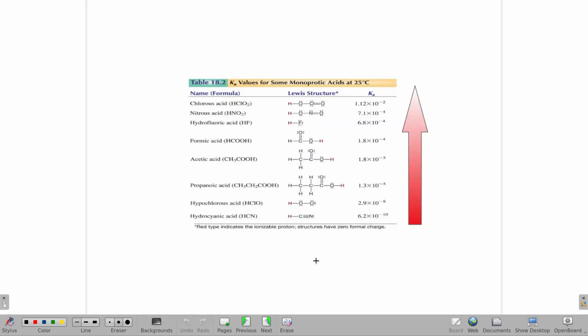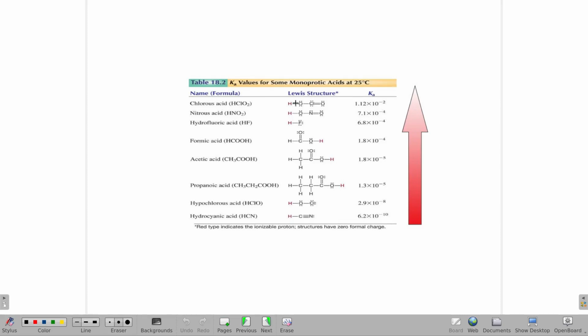And here are some various different K's for some of our so-called weak acids. Now, I say so-called because some of these are pretty nasty. I mean, that could actually kill you, even though it's a low concentration, especially if it comes out as a gas. But we have a lot of different ones, and according to this, at least as an acid, chlorous acid is our strongest one because it has the largest Ka.